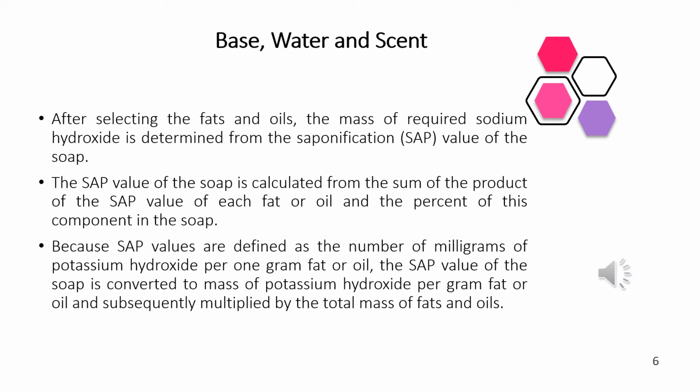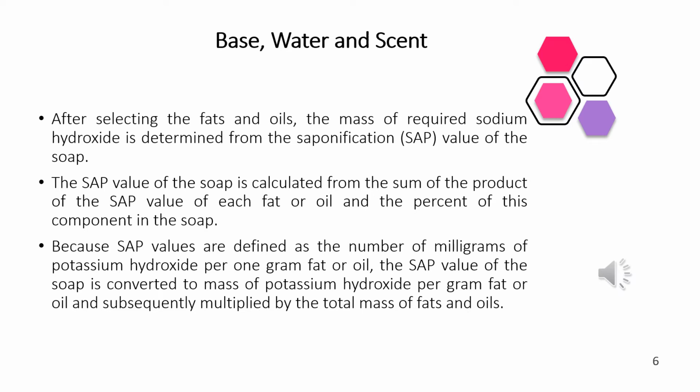We take the sum of the product of the SAP value present in each fat and oil and the percent of the component in the soap. By using this formula, we can determine the SAP value, because SAP values are defined as the number of milligrams of potassium hydroxide per gram of fat or oil.